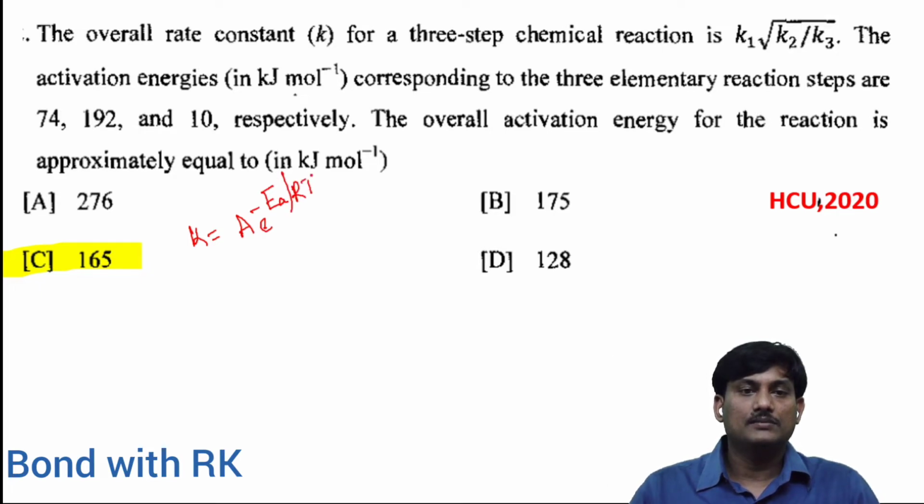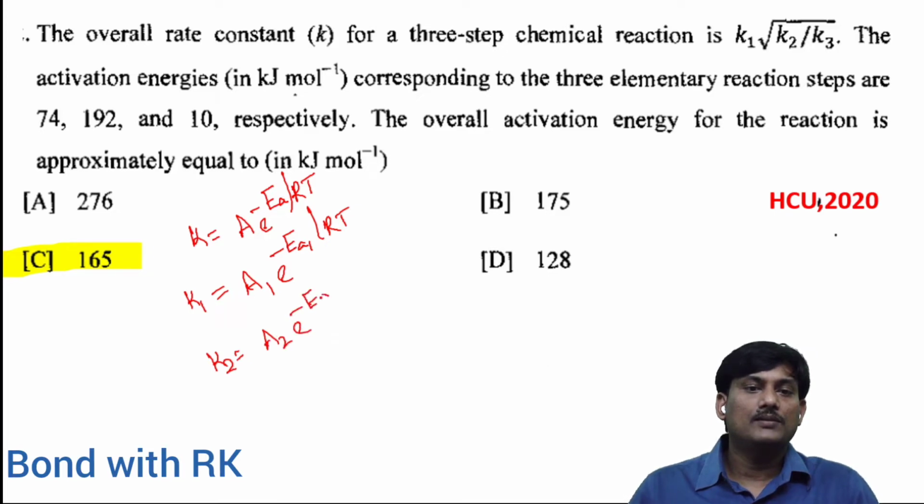This is the relation. Suppose let's take the first elementary step, the rate constant as k1 and the activation energy as Ea1. So k1 is A1 e power of minus Ea1 by RT. For the second one, k2 is A2 e power of minus Ea2 by RT.